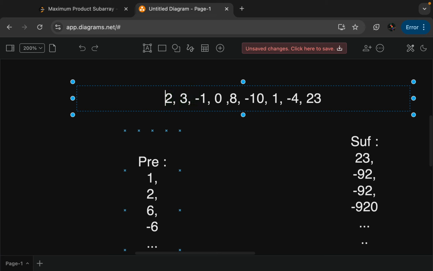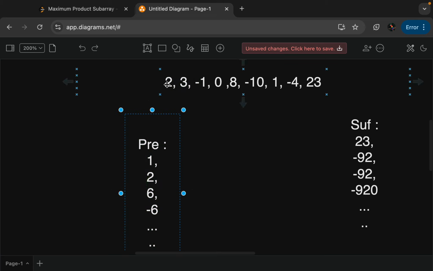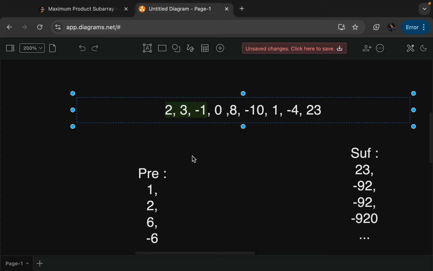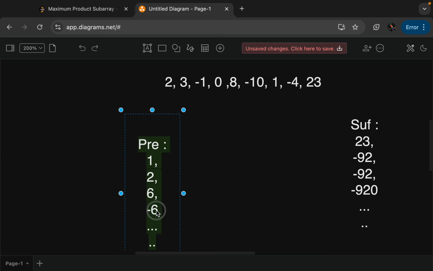In the first iteration, the prefix would be initialized to 1, then the prefix of 3 will be calculated, which would be 2 here, and then prefix of minus 1 would be calculated, which would be 6, then the prefix of 0 would be calculated, which would be minus 6, and then the prefix of 8 would be calculated, that would be 0.